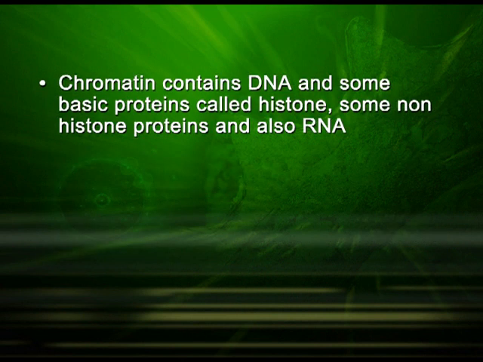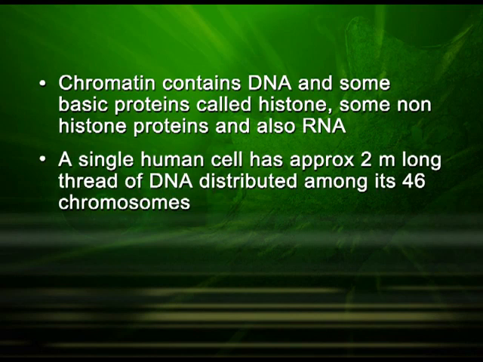Chromatin contains DNA and some basic proteins called histones, some non-histone proteins and also RNA. A single human cell has approximately a 2-meter long thread of DNA distributed amongst its 46 chromosomes.